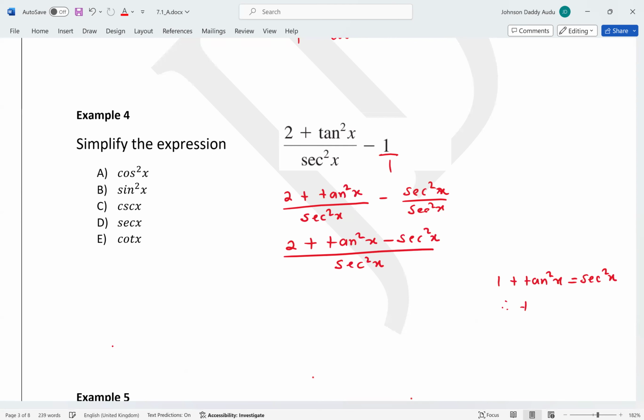It means that if you have tan squared x minus sec squared x, it's going to be minus 1, right? So this will become 2 plus minus 1 over sec squared x. And this is nothing but 1 over sec squared x, which is simply cos squared x.